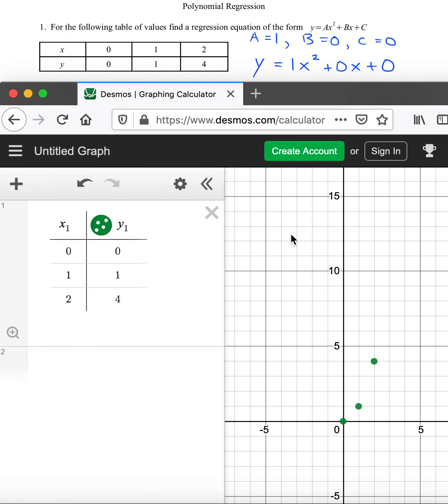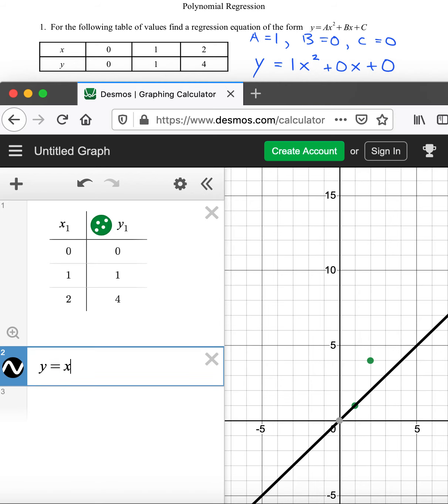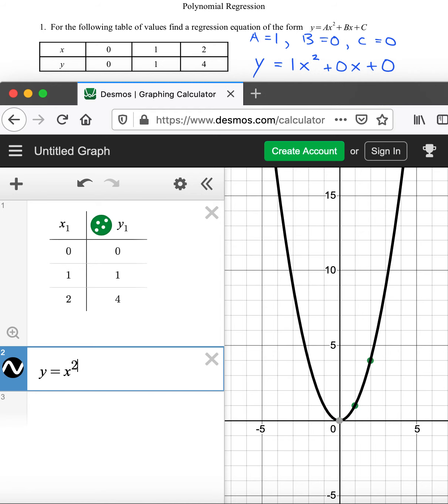All right, there are the points. It looks like a parabola could fit this well. Now, let's plug in the formula that we had gotten. Y equals x squared. And look at that. It fits the 3 points perfectly.